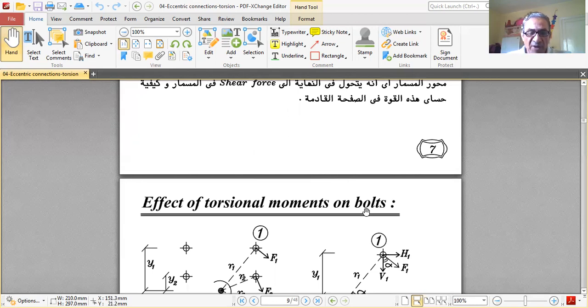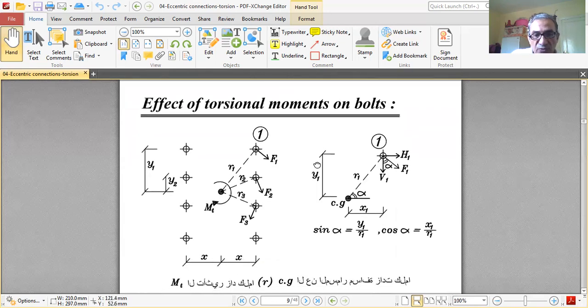For those of you who have not taken the course, this is new material, but for those who have, this is a partial review of what we discussed and solved before. So, effect of torsional moments on the bolts.